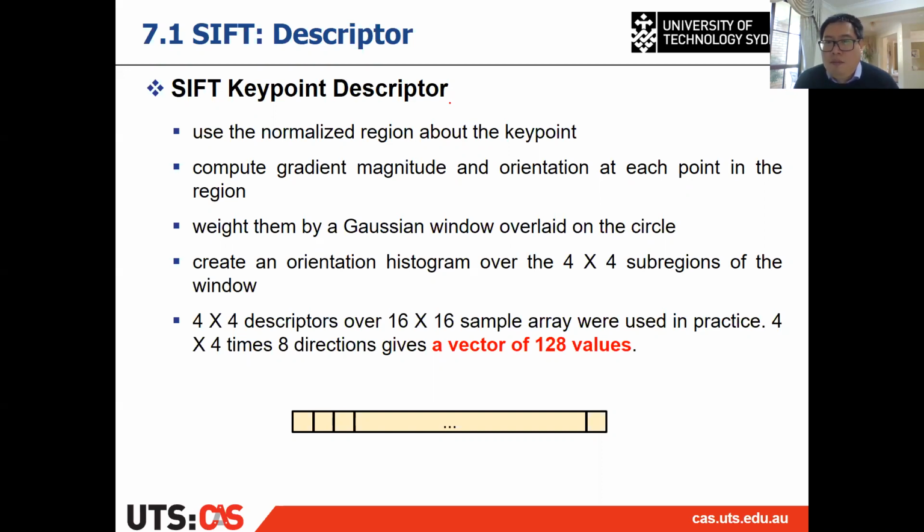And I've introduced how to calculate that. It computes the magnitude and orientation of the gradient, and also puts the gradient into a histogram with respect to the directions. If you do not remember how we calculate those descriptors, go back to the slides in the lecture. All right. So for SIFT, there are mainly two parts.